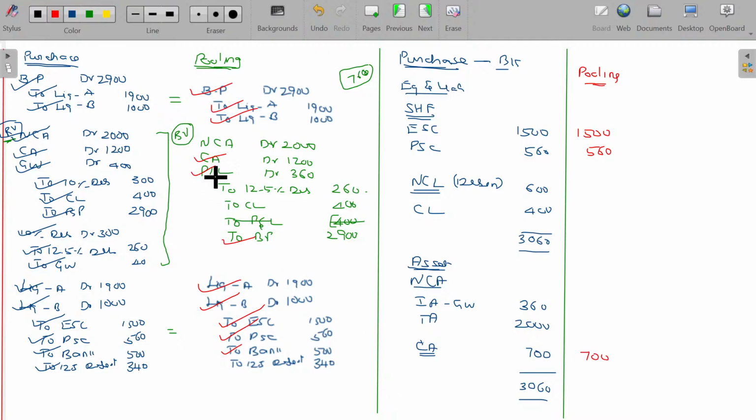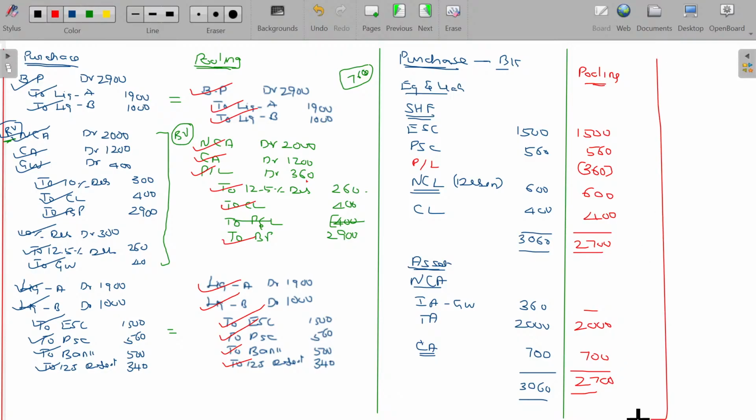Profit and loss will be maintained intact, but it's in debit side, so profit and loss, reserves and surplus, 360 in negative. 12.5% debentures, 260 and 340, 600. Current liabilities remains as it is, 400. Non-current assets being 2000. We don't have the goodwill here. The total being 2700 now. Is that clear? Hope now you'll be able to understand easily the difference between purchase method and pooling of interest method.